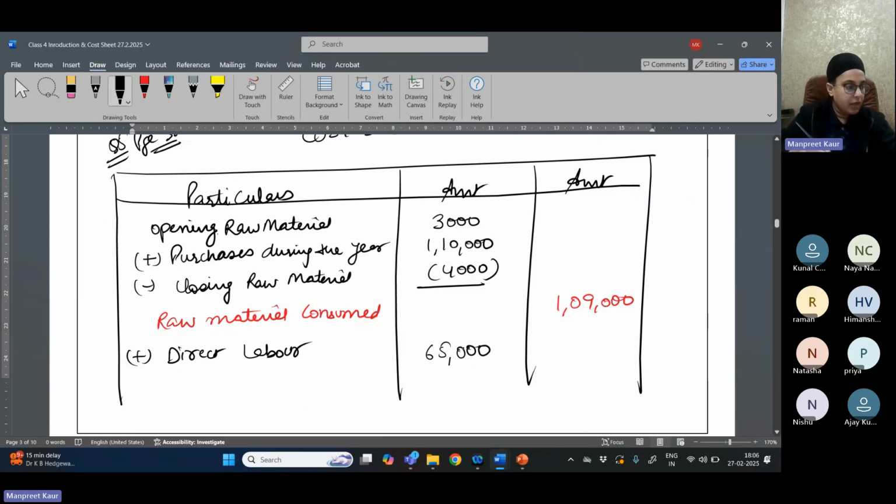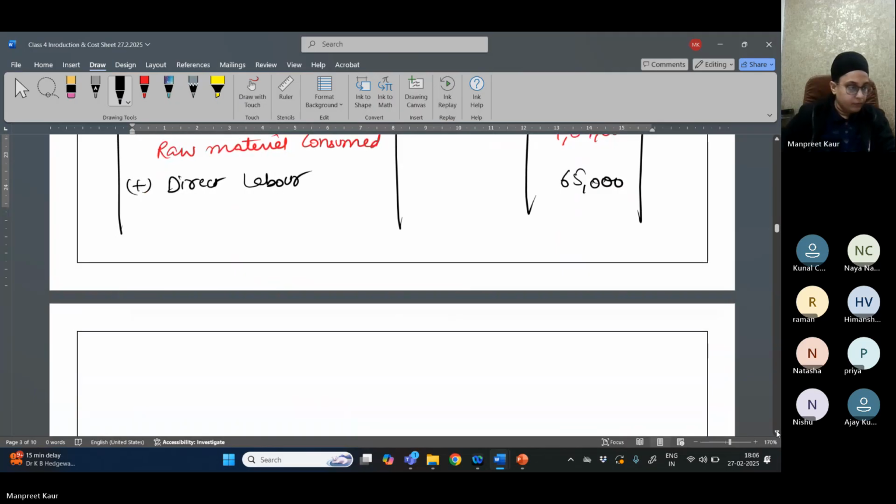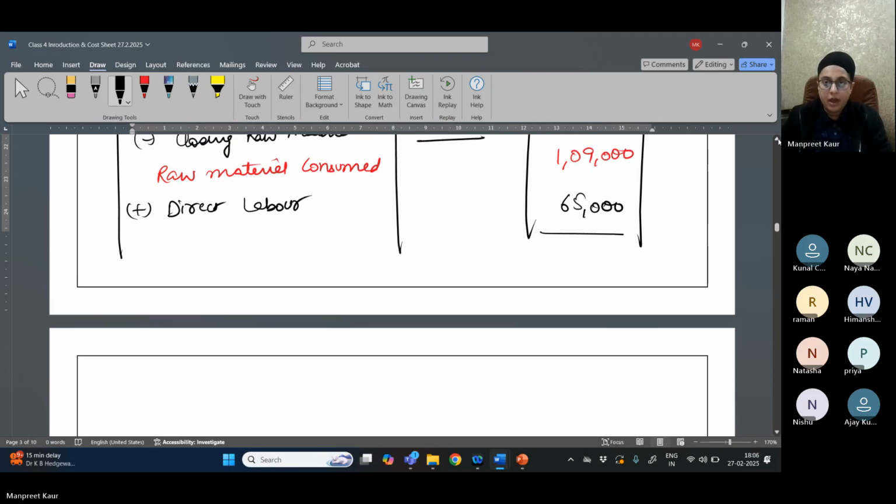If we add direct labor, we will get the total of 1,09,000 and 65,000. It is 1,74,000.